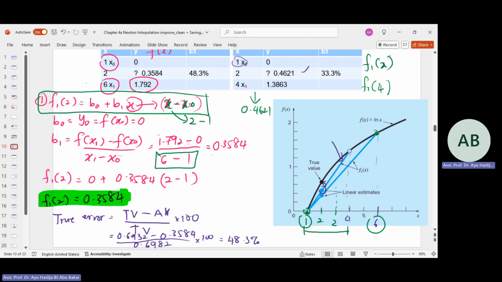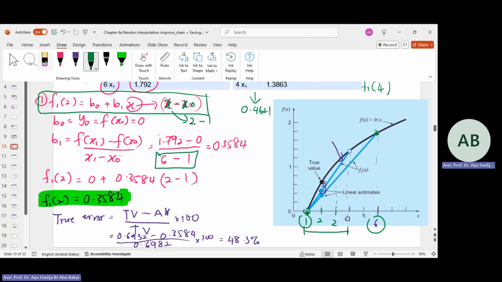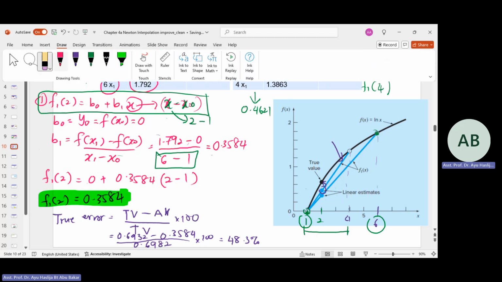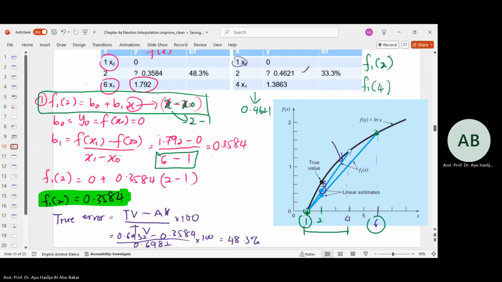What is your y value when your x equals to 2? Okay, so for range data point 1, 6, you will get this. But when the range is 1 to 4, you will get this value. 1 and 4 are your data points, not the one that you need to calculate.